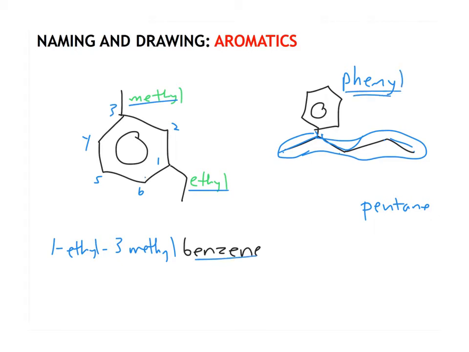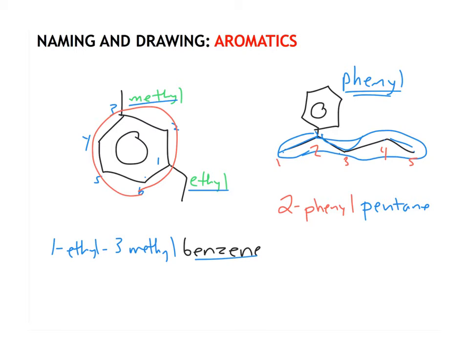Parent chain, it's benzene. Side chain, it's phenyl. The other rules are still the same. So I'm going to number from the left because I want that side chain to have the lowest number possible. And so that's 2-phenylpentane. So 1-ethyl, 3-methyl benzene. So benzene if it is the parent chain, phenyl if it is a side chain. So that's how we name and we draw aromatics.